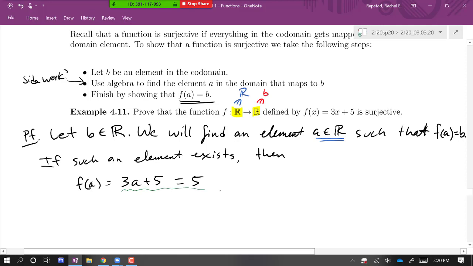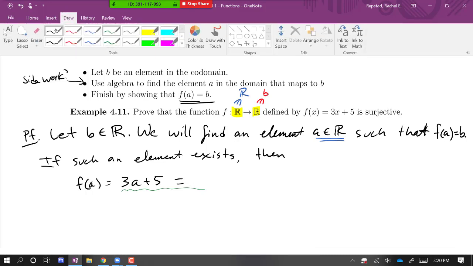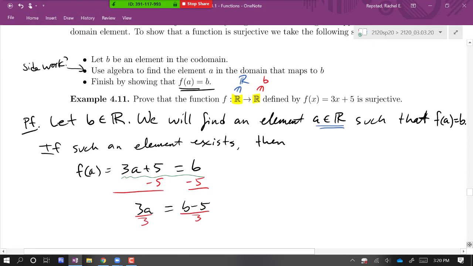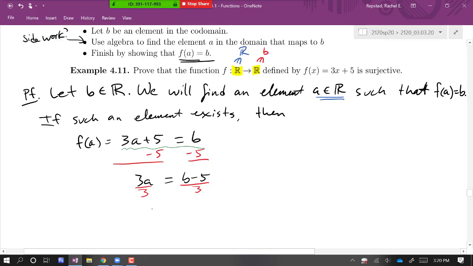Let's do the algebra and solve for A. There we go. Now let's do some algebra. Let's subtract 5. Really, same kind of algebra that we did on the last page. And then we divide by 3. A is equal to B minus 5 over 3.